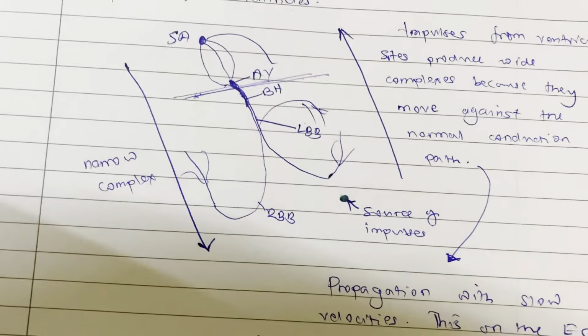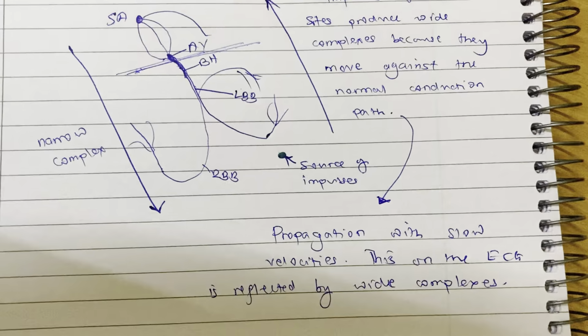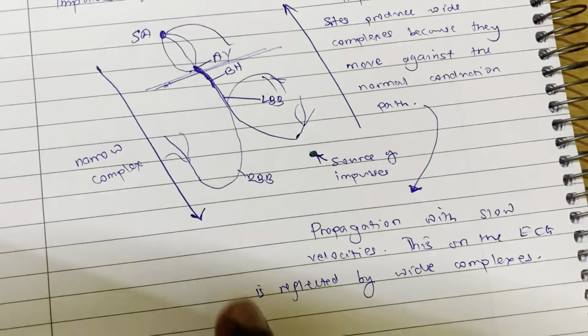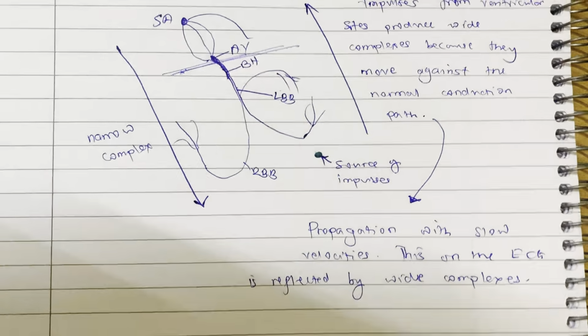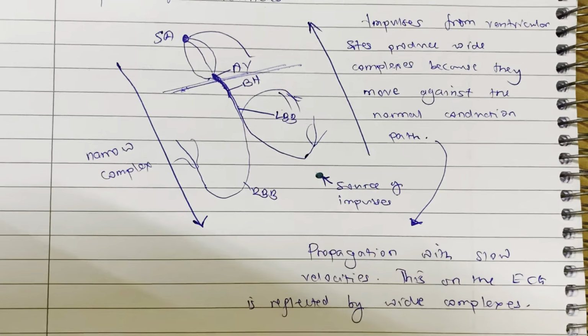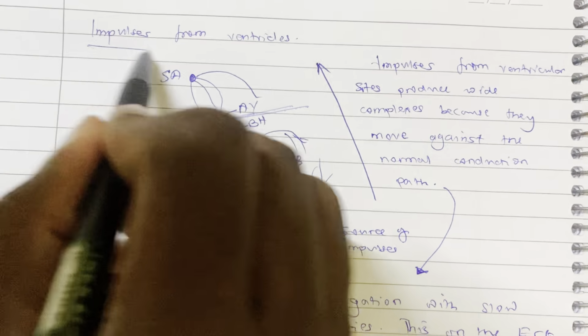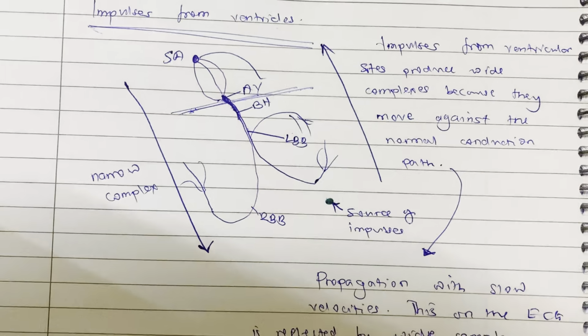So in ECG we see this one as wide complexes. Yes, that is opposite direction. That is how it is produced. Otherwise, for impulses from ventricles, that is why they are producing wide complexes.